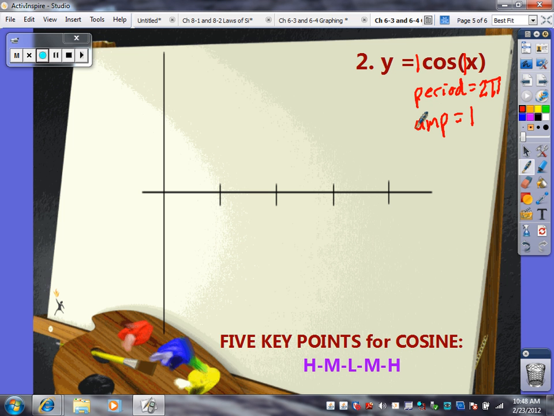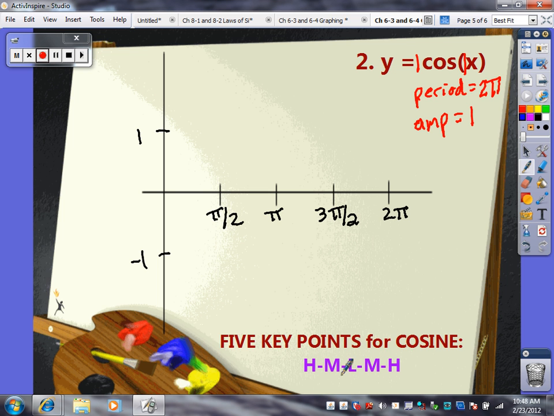So our highest and lowest is 1. That means the highest is 1, the lowest is -1, and the period is 2 pi, so the scale is exactly the same as the problem that we just did. Exactly the same. Okay, so now we have our cosine.